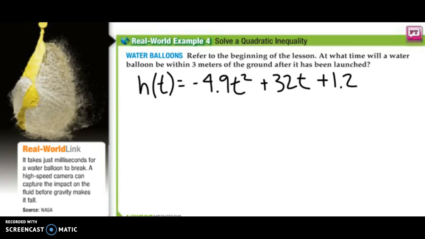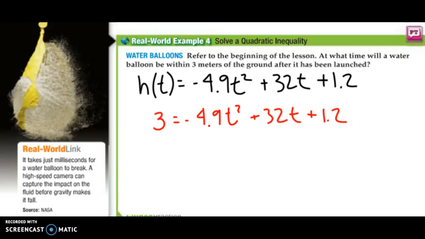Okay, it says at what time will the balloon be within 3 meters of the ground after it has been launched? So we want our height now to be equal to 3. So I'm going to rewrite it as 3 is equal to negative 4.9 t squared plus 32t plus 1.2. Okay, so a couple different ways I could solve this, right?